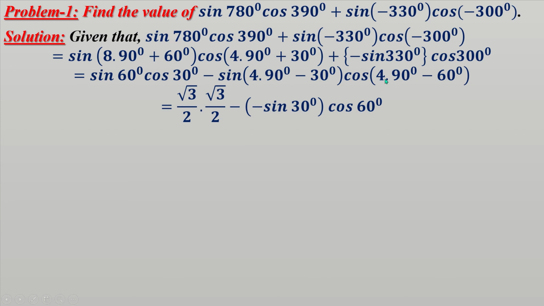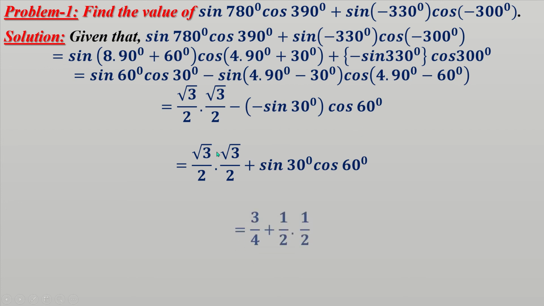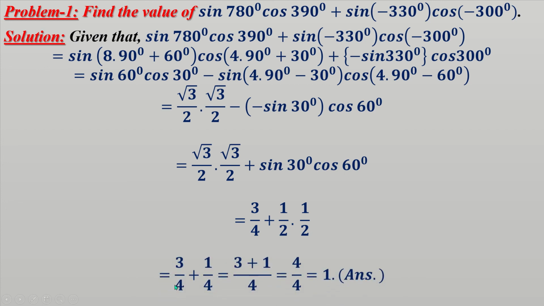As the number of right angle is even, cos will be cos, here also sine will be sine. Now this part is the same, and minus plus sine 30 degree cos 60 degree, here will be 3 by 4, and here will be half into half, because the value of cos 30 degree is half, also the value of cos 60 degree is half. That means here will be 3 by 4 plus 1 by 4, that means 3 plus 1 by 4, equal to 4 by 4, equal to 1. This is the correct answer.